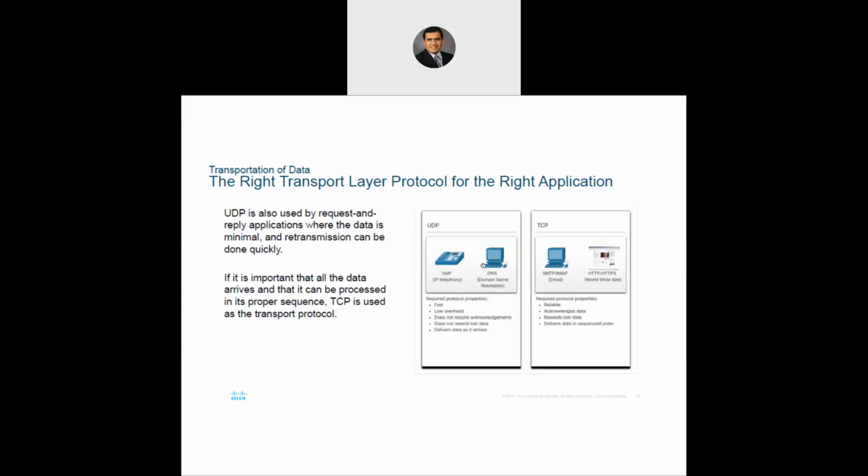You cannot wait for acknowledgement. Okay? But here, reliability is important. Here, being fast is important. When you stream a movie, which one do you think works? TCP or UDP? Obviously UDP. There's no time to get acknowledgement. Okay, it has to be fast.